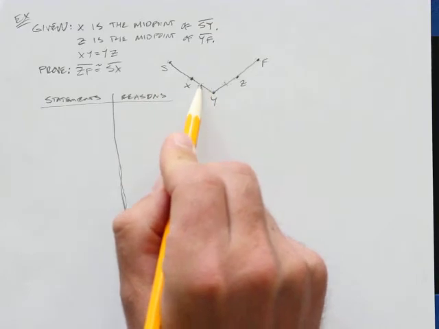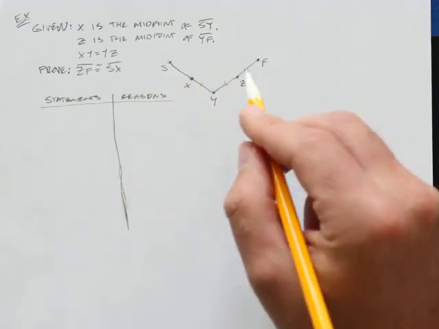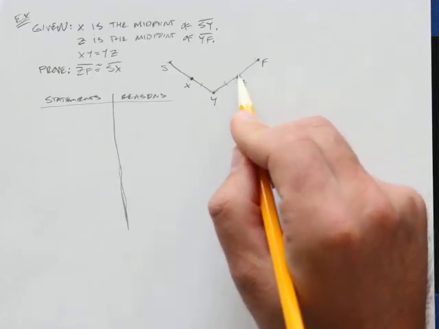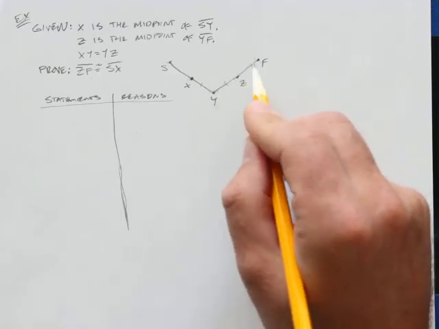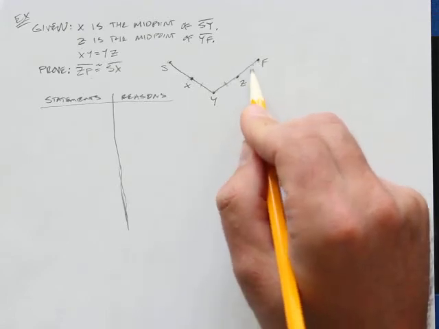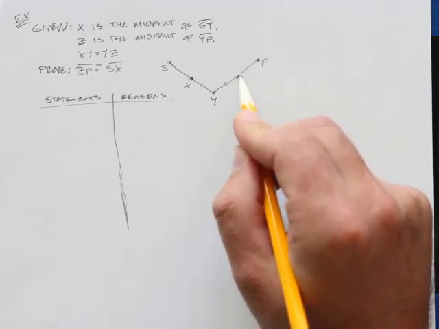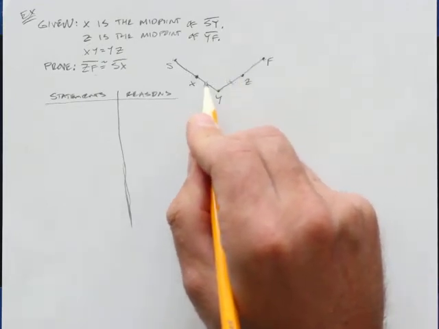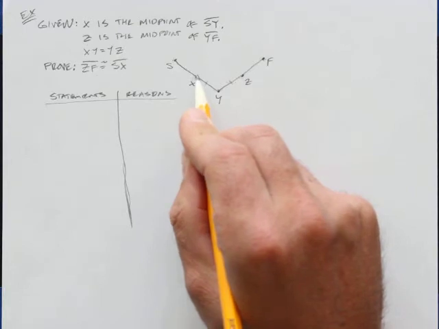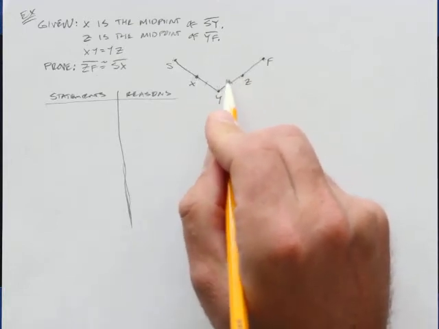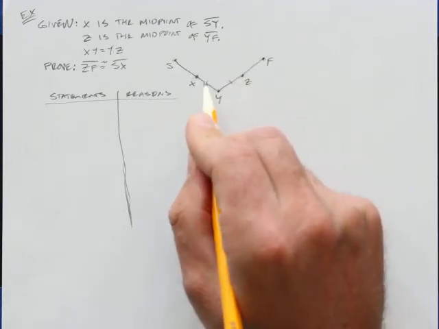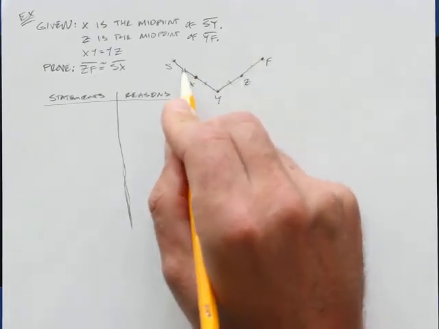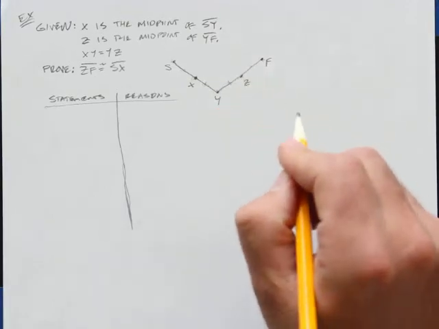Same thing over here: if Z is the midpoint of YF, that means that YZ and ZF are congruent. Now, I know that XY and YZ are congruent, so all of these segments are congruent to one another.